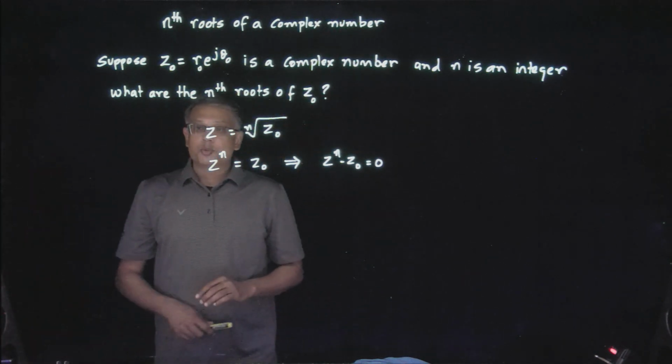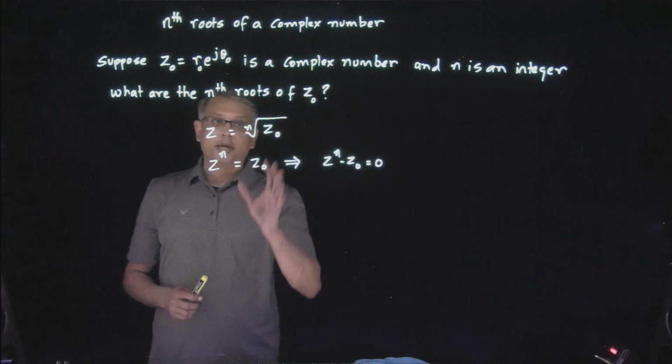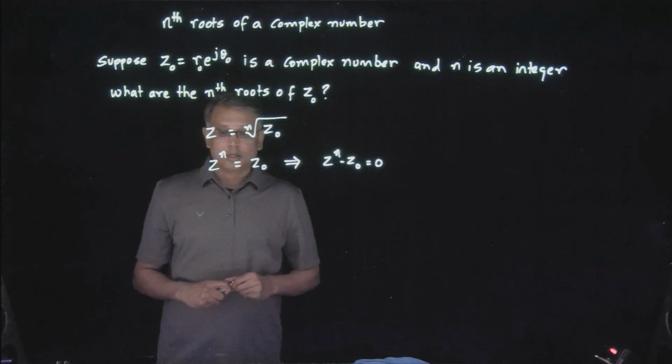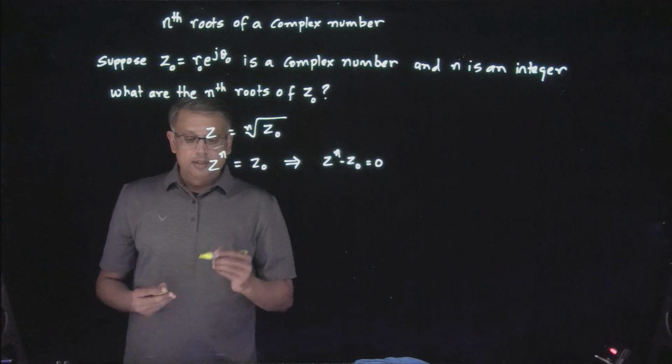So we're going to generalize what we did in the example to find the nth roots of a complex number z0. So what we're going to say is this.